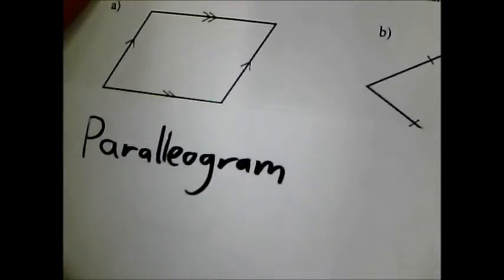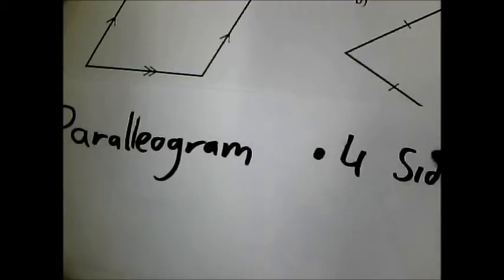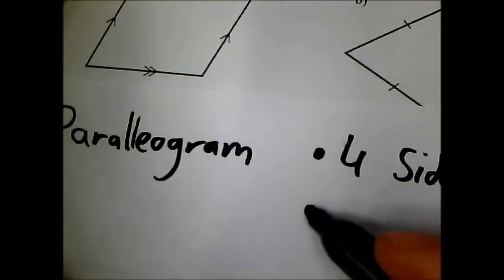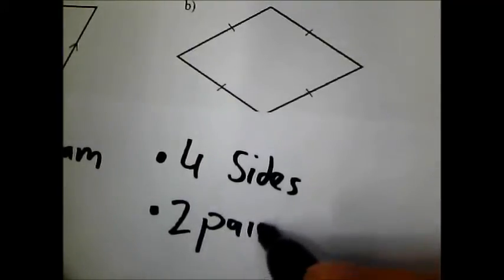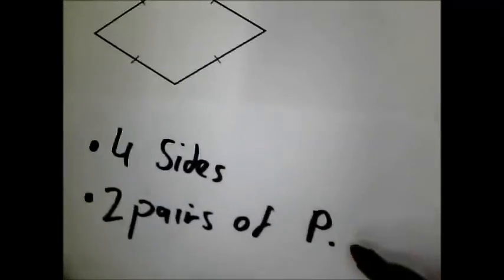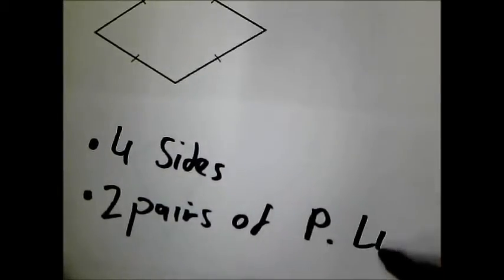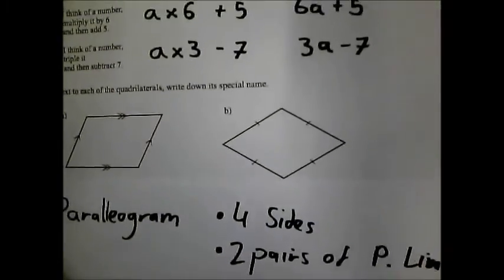Okay, and it's a parallelogram because it has 4 sides, and it has 2 pairs of parallel lines. I'm just going to shorten parallel to just P, so P lines. Don't do that in your books though. It's 2 pairs of parallel lines.